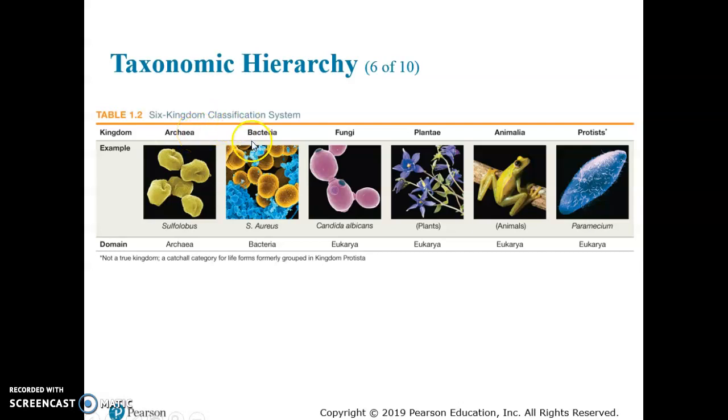So you have the archaea and the bacteria as 2 kingdoms, both prokaryotes, but you have the 2 different groups, domains and kingdoms. In this case, they overlap or are redundant. And then you have the kingdoms of fungi, plantae, animalia, and protists. Right, and all 4 of these are eukaryotes.